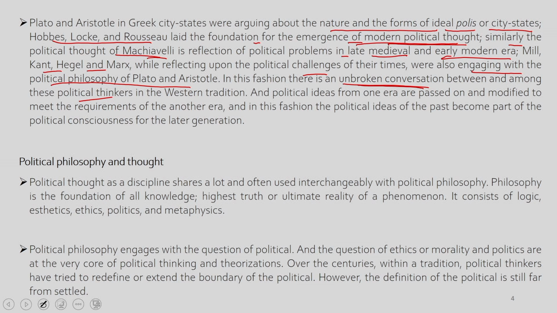So, it deals with the highest truth or the ultimate reality of phenomena, natural or social or political. Political philosophy, however, deals with questions related to the political or the temporal or the material, practical life of the community in the society at any given point of time.